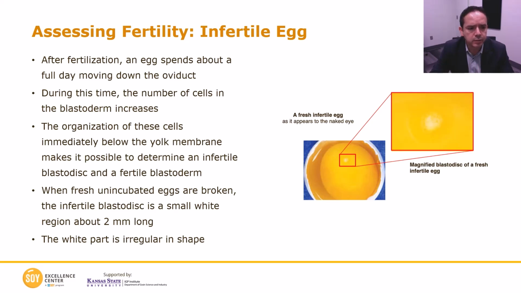The organization of these cells immediately below the yolk membranes makes it possible to determine an infertile blastodisc and a fertile blastoderm. When fresh, unincubated eggs are broken, the infertile blastodisc is a small white region of around 2 millimeters long, so you can see in that picture, and the white part is going to be irregular in shape.